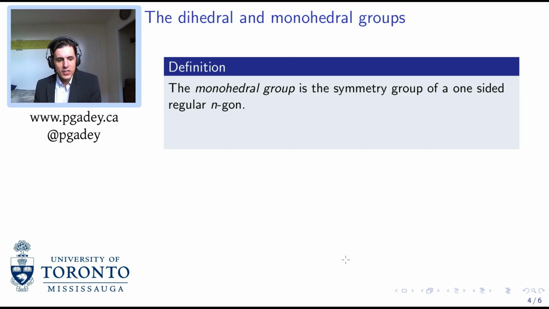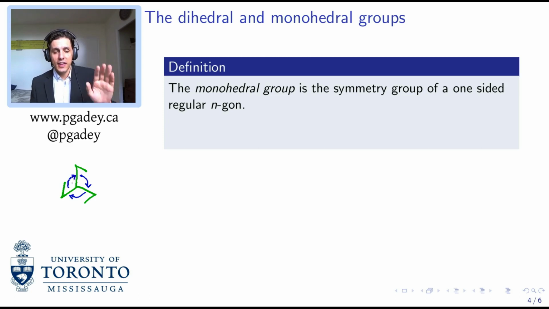So an example of something with monohedral symmetry would be a shape like this, where we add on some structure that prevents it from having a reflection symmetry. Here, all the symmetries we have are rotational symmetries. And this is a monohedral tiling because it doesn't have any reflective symmetries that allow us to turn it over.